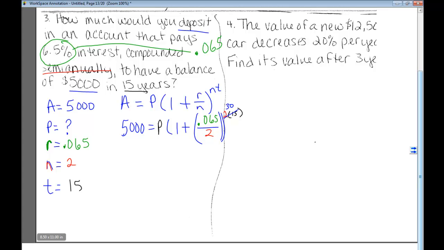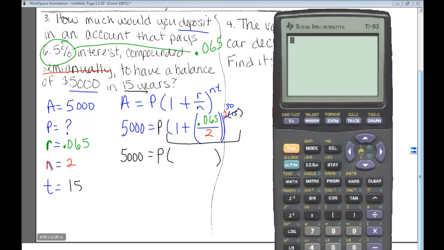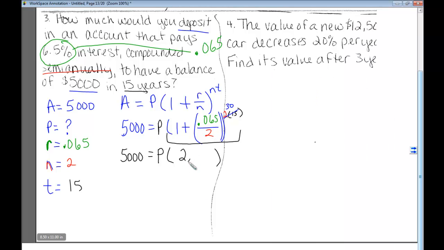So now I have this calculator ready, but this time I have a twist. I don't know P, so I need to figure out all of this. Okay, so on this side I have 1 plus in parentheses, open parentheses, 0.065 divided by 2, close parentheses, close off the first set of parentheses, raised to the 30th power, and we get 2.61.